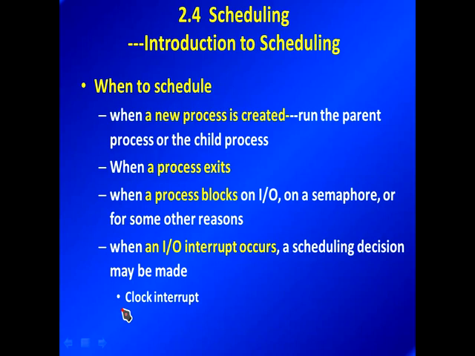If the time for the current process is up, then the scheduler needs to run and choose another process to use the CPU. So basically, these are four common cases to schedule.